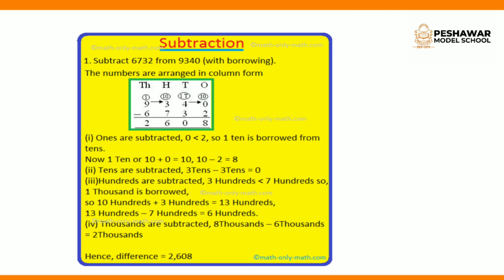Now in the thousands place there is 8, because we took 1 from 9 and it became 8. So 8 minus 6 is equal to 2. So in the end, the difference is 2,608. Understand?